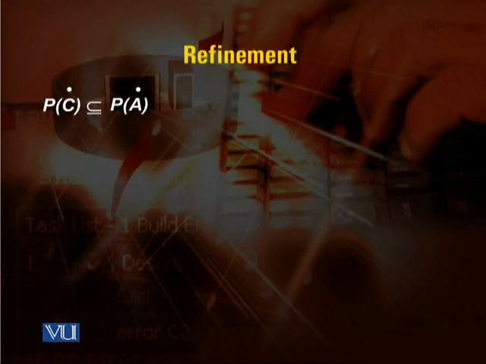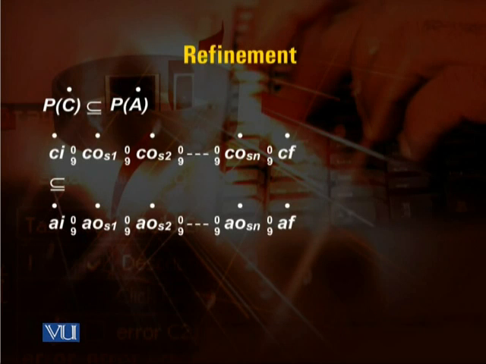That means if we have a sequence that is Ci dot followed by COS1 dot followed by COS2 dot and so on and so forth, a COSN dot followed by the last step, that is CF dot, the whole thing should be a subset of this AI dot followed by AOS1 dot followed by AOS2 dot and so on and so forth, AOSN dot followed by AF dot. So if that happens, that means C is a refinement of A.